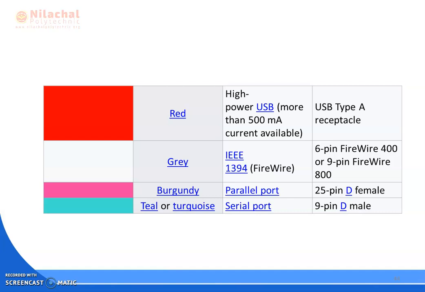Next is the serial port, which is teal color and a 9-pin D male port. In serial ports, one bit of data is transferred at one point of time. Modem to computer connectors are found in the serial ports.